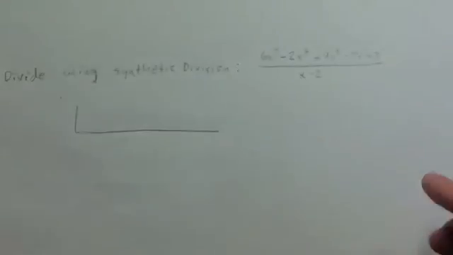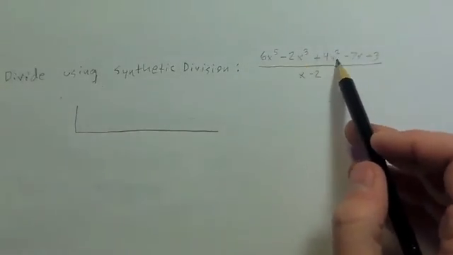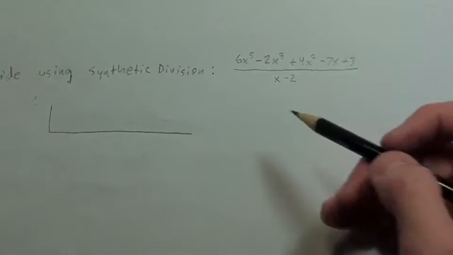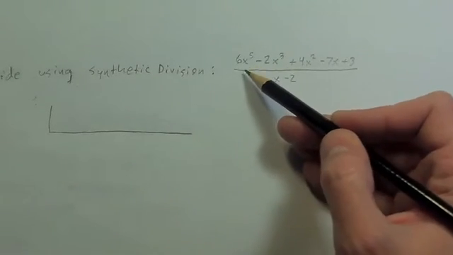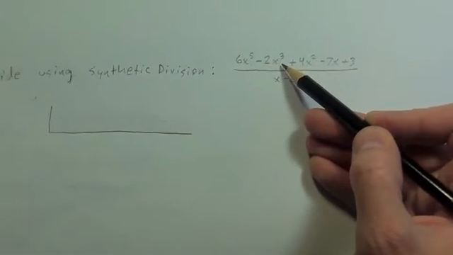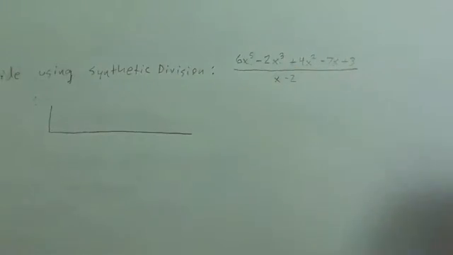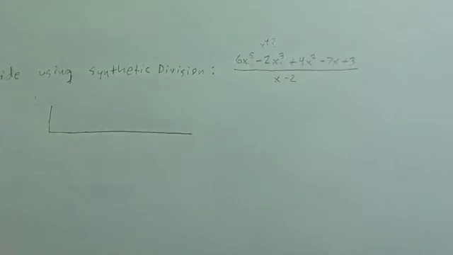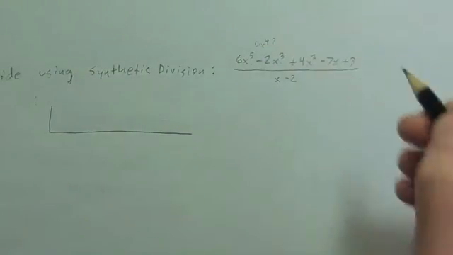And remember, we put all of our coefficients in. Now, keep in mind, we skipped one. We have 6x to the 5th and a negative 2x cubed. We don't have an x to the 4th. Right? So we would put a 0 in for that piece.